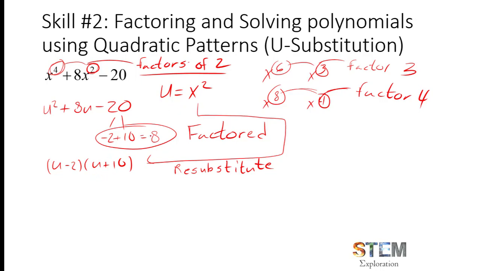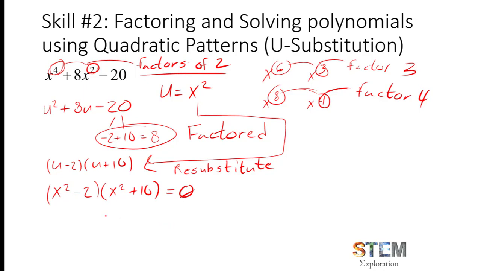The reason why is if we plug in x squared for u, we now have x squared minus 2 and x squared plus 10. If this is all equal to 0 and you want to find the zeros of a given polynomial, we can now use the zero product property.